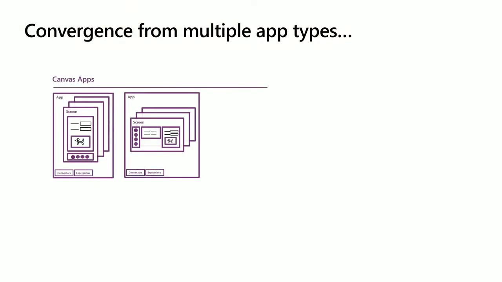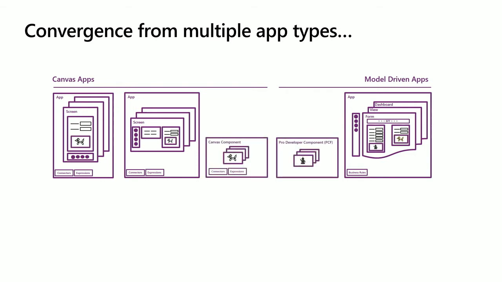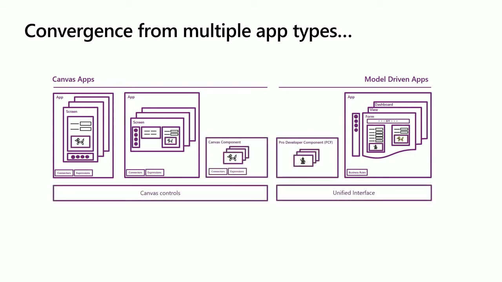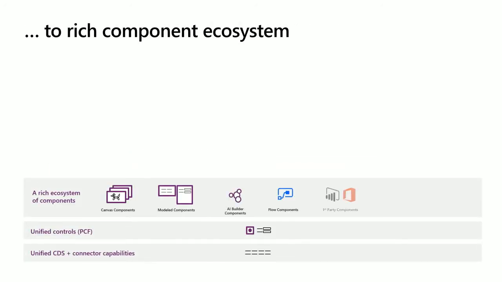And what we have started doing from our side is building a common layer and introducing a concept which goes away from app types and is more geared towards building components which are common. So we are moving towards a component ecosystem with PCF or Power Apps Component Framework, which is out there already.